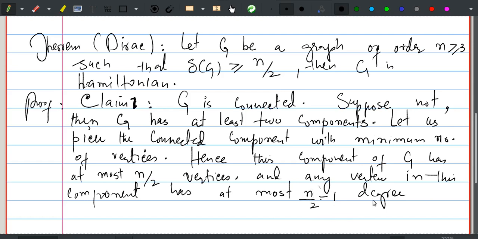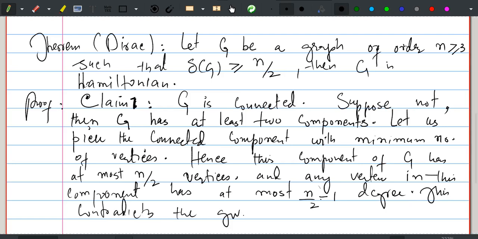This contradicts the given hypothesis that the minimum degree delta G is bigger or equal to n by 2.